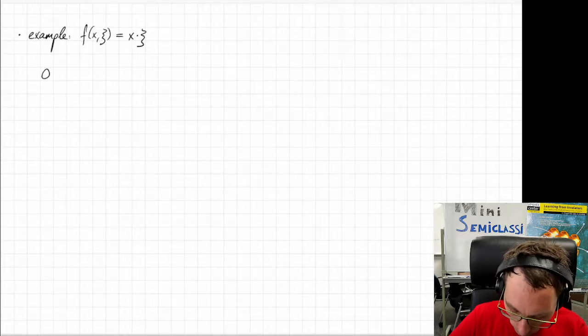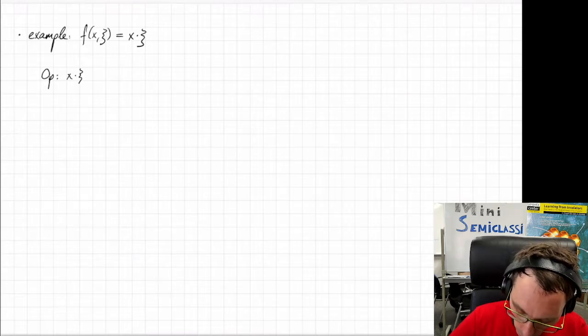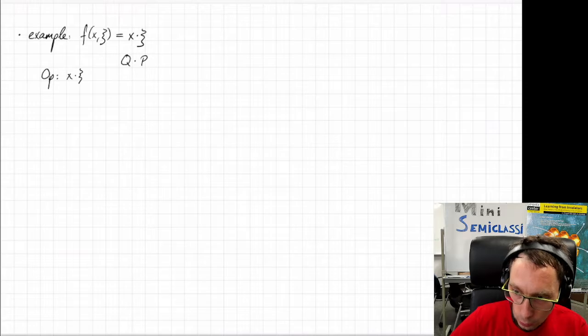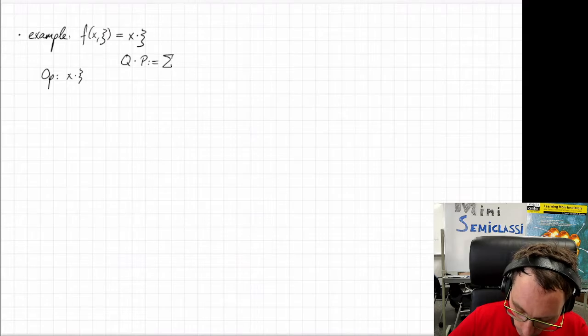We could, so the quantization map could map x dot psi, for example, onto q dot p, which is, okay, so this is just shorthand notation for the sum of qj pj.